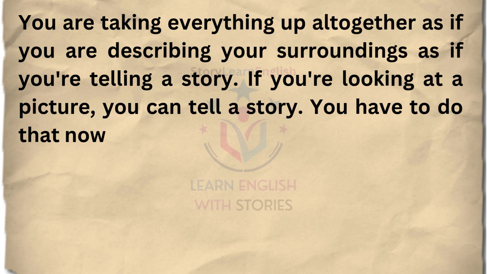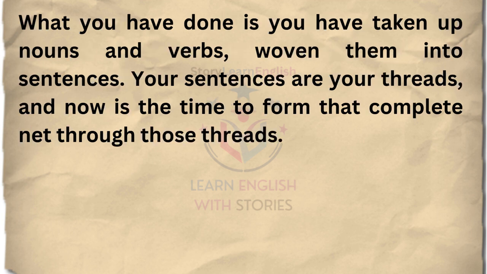If you're looking at a picture, you can tell a story. You have to do that now. What you have done is you have taken up nouns and verbs, woven them into sentences. Your sentences are your threads, and now is the time to form that complete net through those threads.